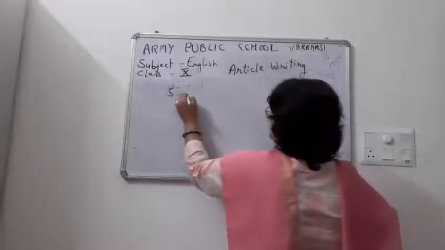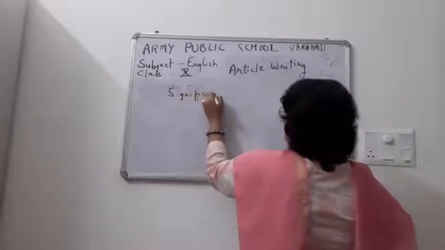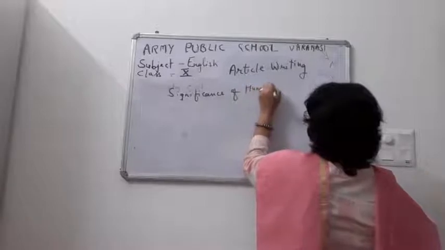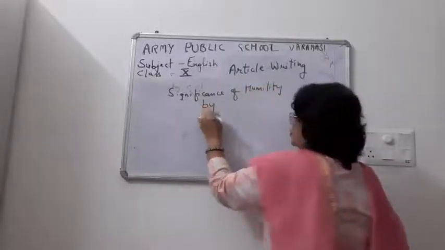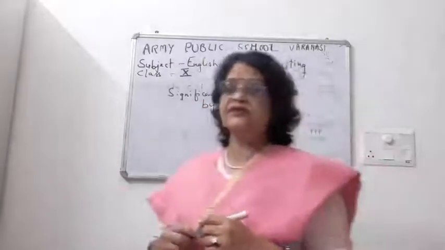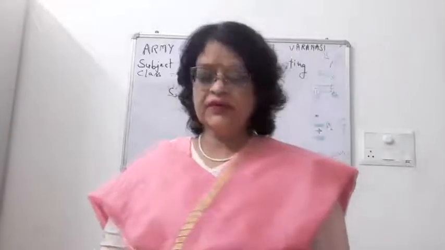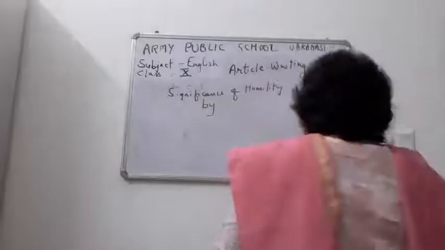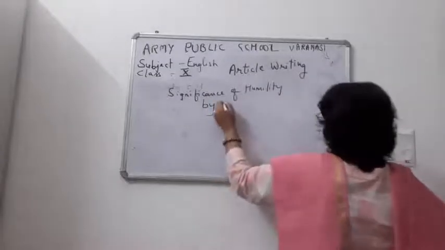Significance of humility. By, now you have to see if the name of the person is given. If it is given, it's okay. If it is not given, then you have to write your own, something you can write.